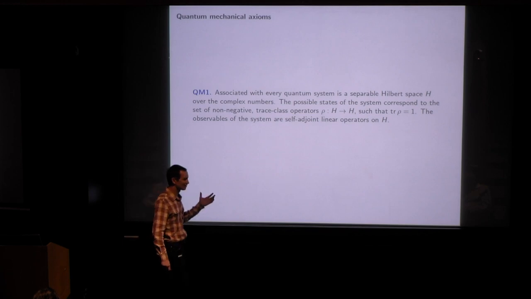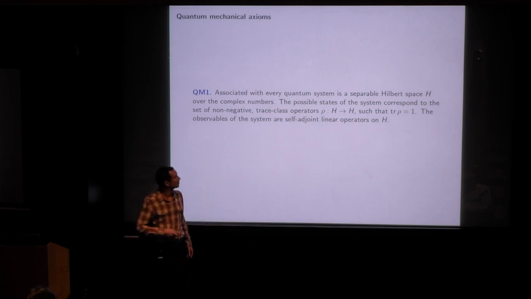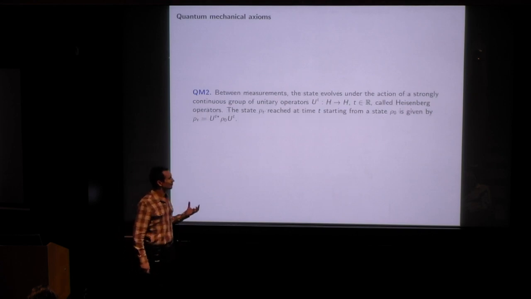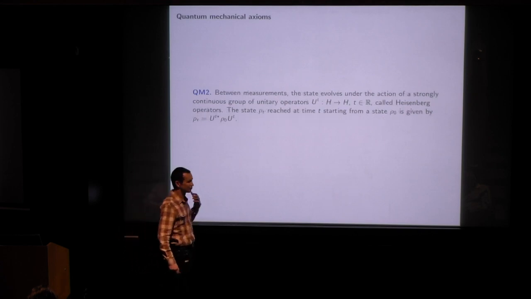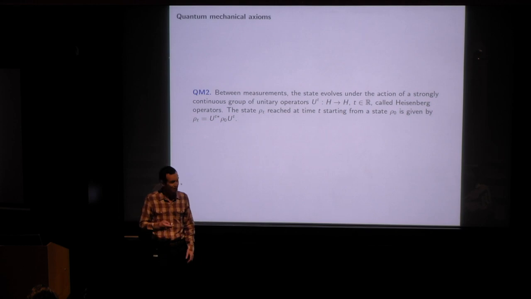So you can think of trace as replacing the notion of an expectation value of a probability measure. The observables of the system are self-adjoint operators on the Hilbert space. Now, between measurements, as I was saying before, there is a unitary evolution by the Heisenberg operators, and that depends, again, on the particular quantum system, but basically they evolve density operators to density operators at later times.